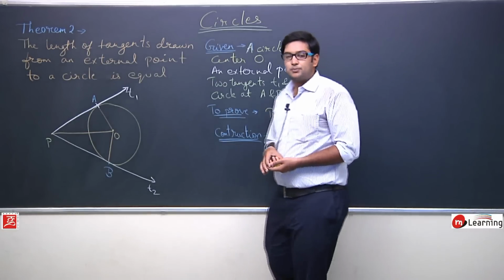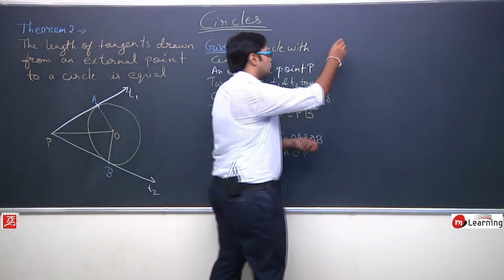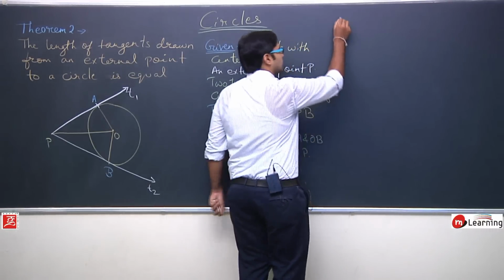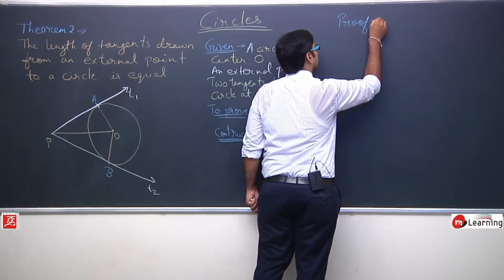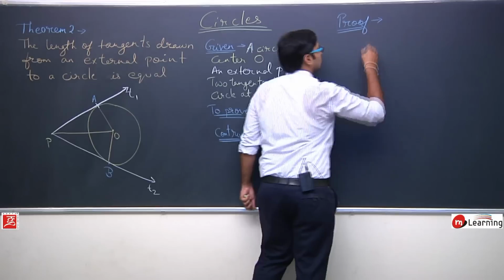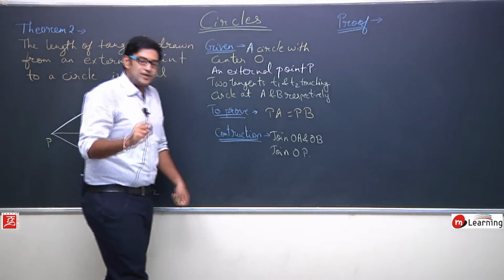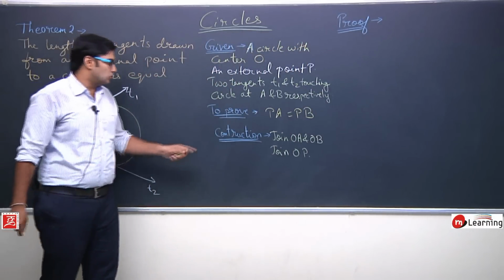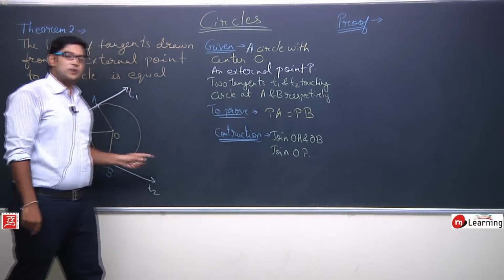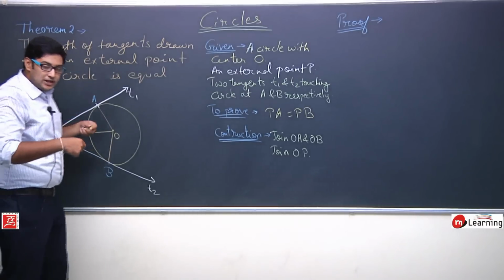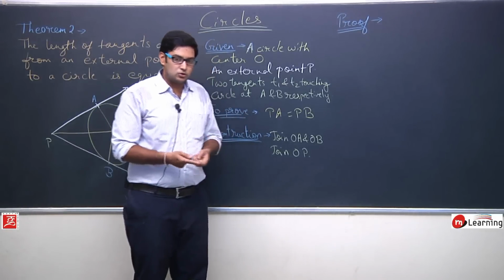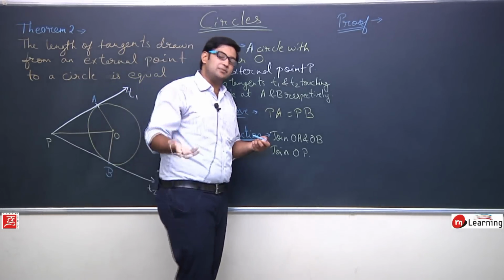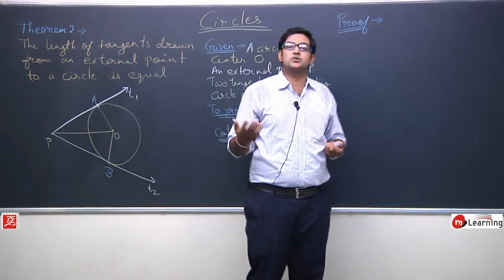So let us start the proof. Now observe very carefully what you need to prove. You need to prove that PA is equal to PB. So how to prove? What should be the approach that we can use? We are going to apply the concepts that we have already studied in geometry.